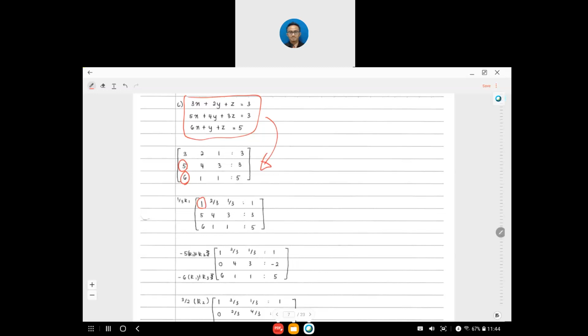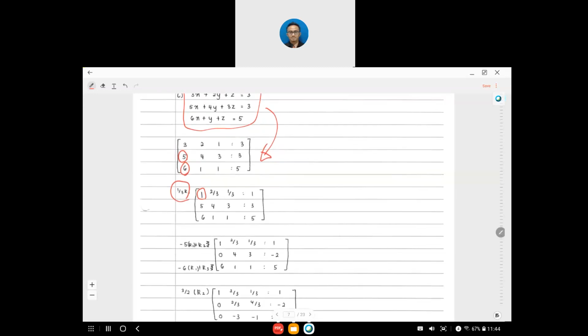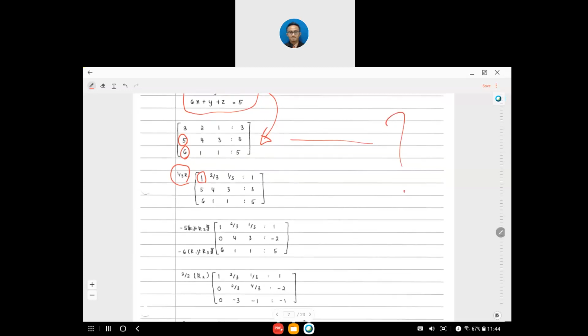Okay, dia darab dulu sebab bila jadikan satu lagi mudah. Tapi dia akan jadi nombor pecahan juga, sama je konsepnya. So awak buat kerja 2 kali lah, tak ada masalah. Saya tak marah pun. Okay, so dia nak jadikan satu, dia darab dulu dengan 1/3. Ni space banyak lagi, tulislah sini. Okey, darab dengan 1/3, so awak akan dapat 1, 2/3, 1/3 and 3.